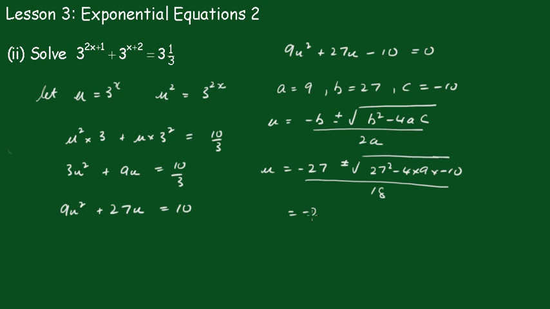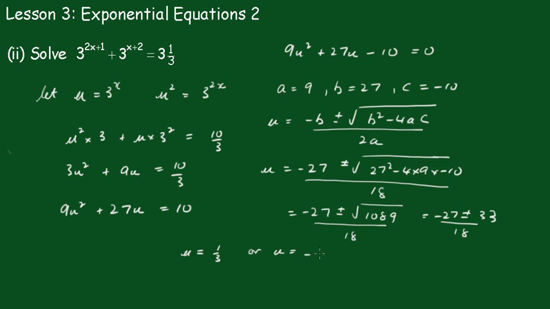And that's minus 27 plus or minus, now this comes to 1089, all over 18, and that becomes minus 27 plus or minus 33 over 18. Now you get the result that u is equal to 1/3 or u is equal to minus 3 1/3.